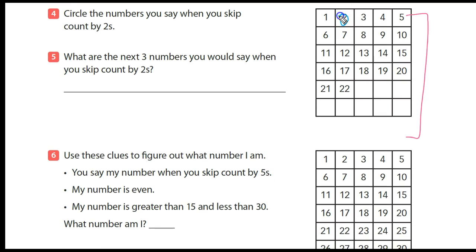I'm gonna go 2, 4, 6, 8, 10, 12, 14, 16, 18, 20, and 22, right? Yes. Okay, hold on. Then it says write how many? The next 3 numbers. So I only need 3 numbers for that, huh?